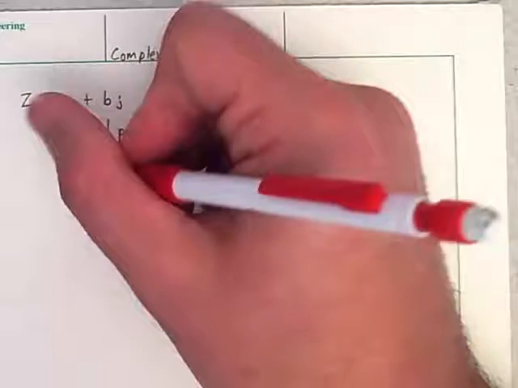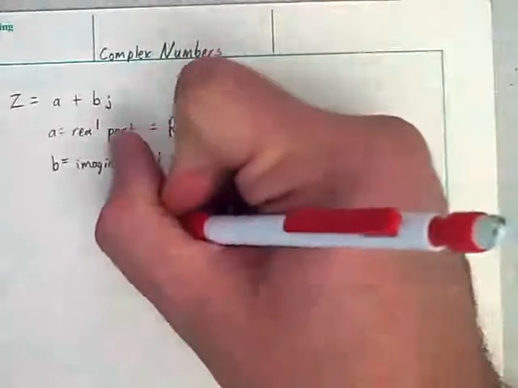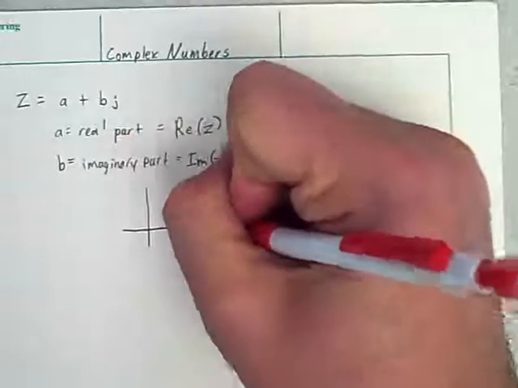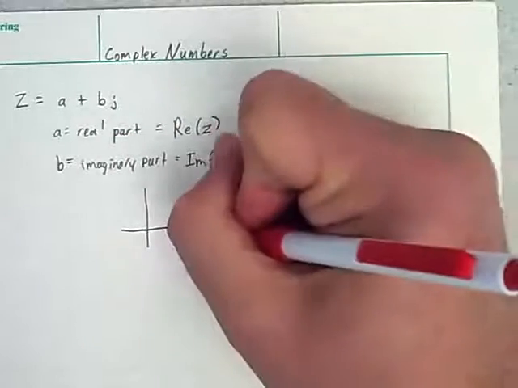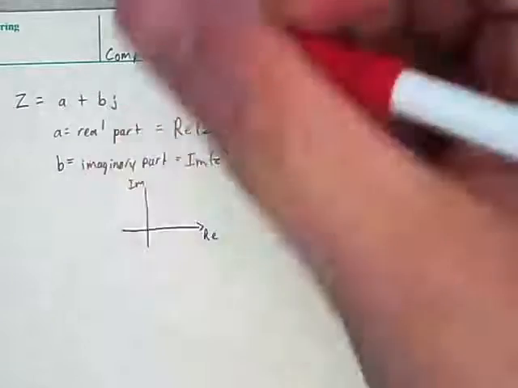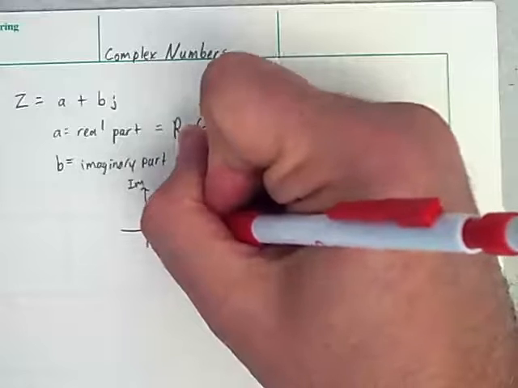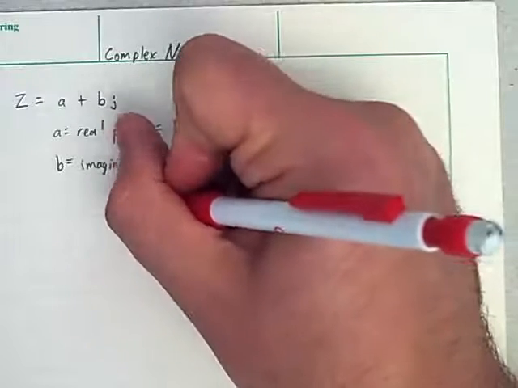And so another way to think about that is if we think about it in terms of two parts, that if this is the real number line and this is the imaginary number line, then we have something like A in this direction and B in this direction.